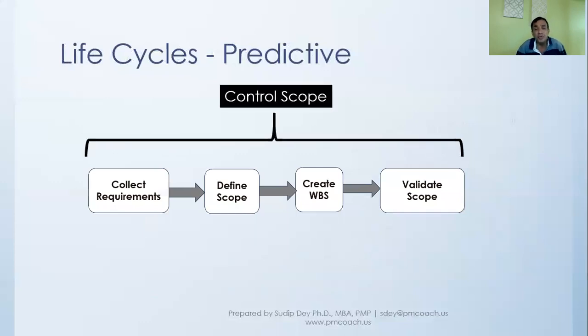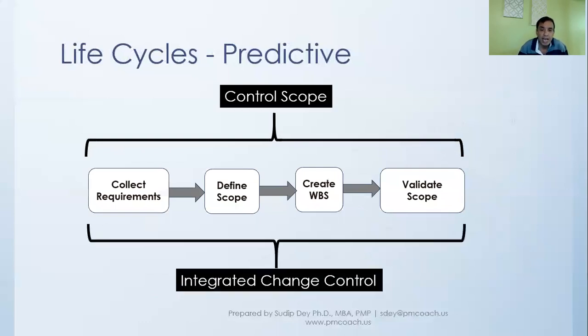And of course, during this process, we will control scope, ensure that the scope doesn't get extended, there are no new requirements, no new features that come in. And in this process, though there will be change, as the change comes in, we will take it through integrated change control. Our worry is always that the scope doesn't get extended here, because if the scope gets extended, the time and the cost might get extended.